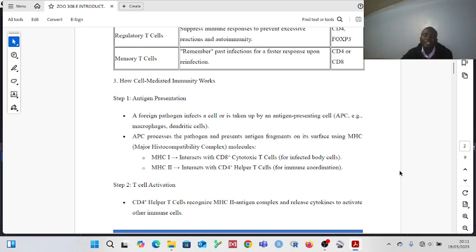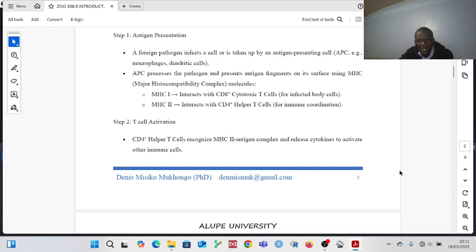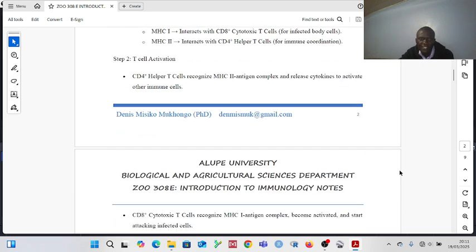Then the second step is the activation of the T cells. The CD4 helper T cells will recognize the MHC class 2 and a complex between the MHC class 2 and an antigen.